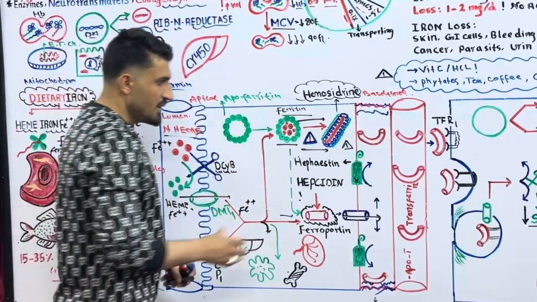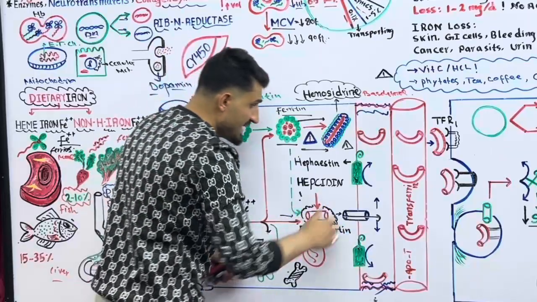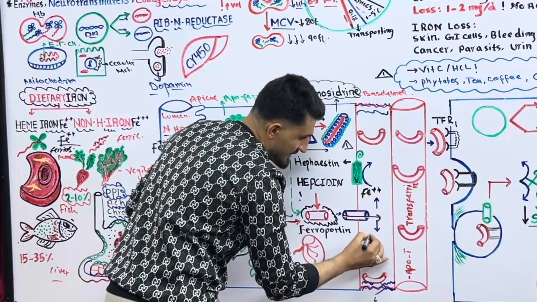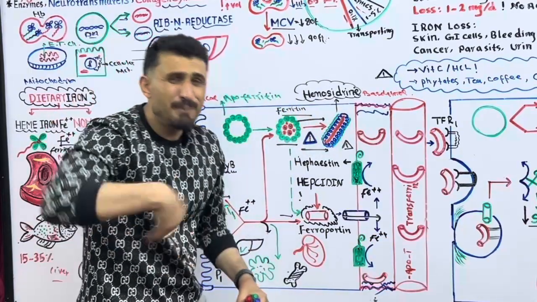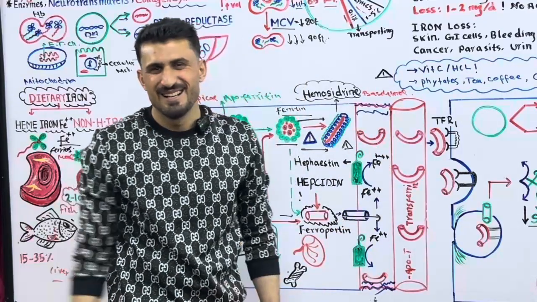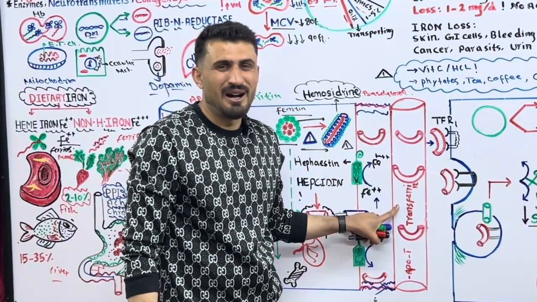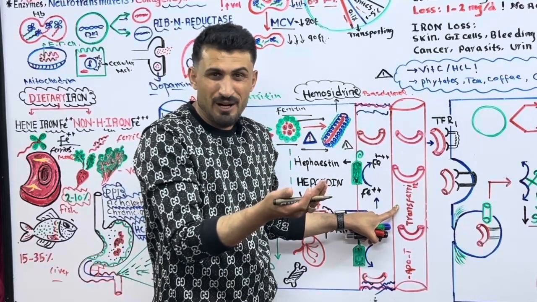Now here, before entering the blood circulation, this Fe2+ is converted back to Fe3+, because Fe2+ cannot be transported by the protein called transferrin to the other parts of the body.